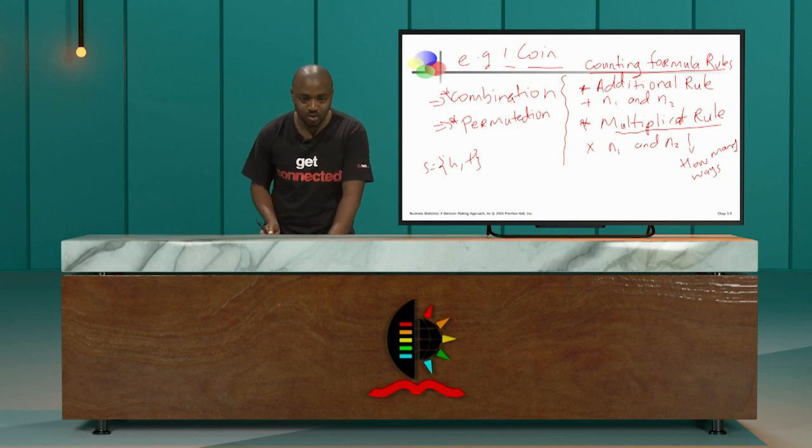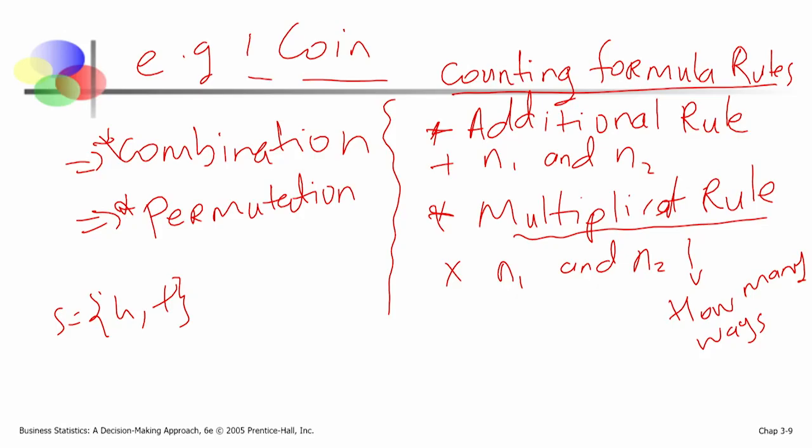How do I do that? I say n combination r, and again you use your calculator. How many sides does a coin have? It's 2. Combination, how many sides will my coin land on? It's 1. So my sample space is 2.